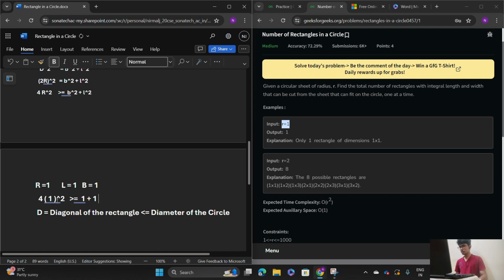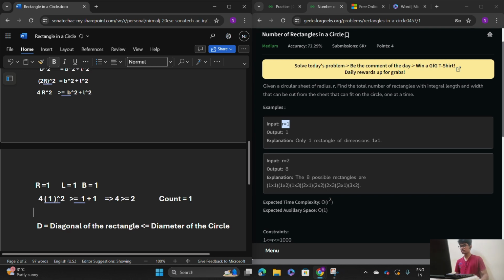So when I do this, I'm going to get 4 times 1 square, which is 4. 4 is greater than or equal to 2. Is this true? Yes, it is true. In that case, I would count the value 0 to 1. There is no problem in that.